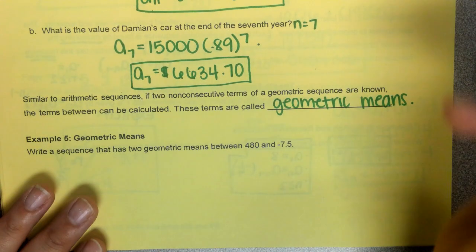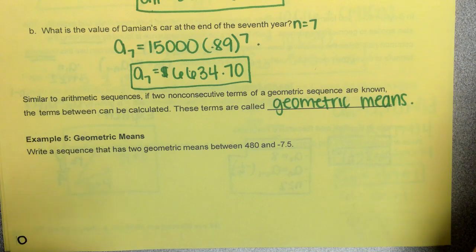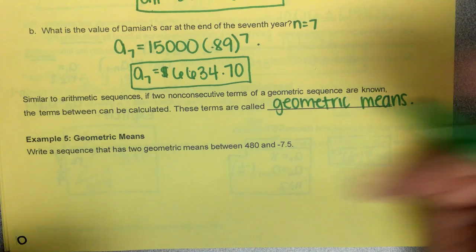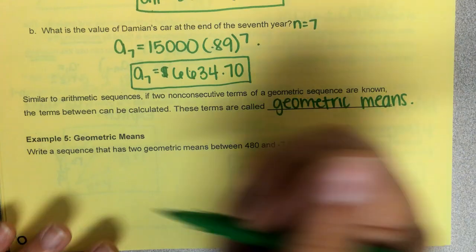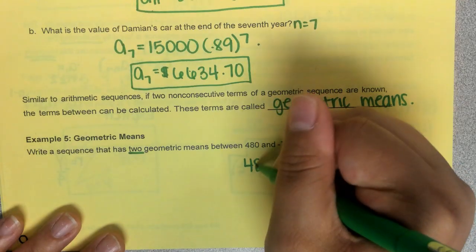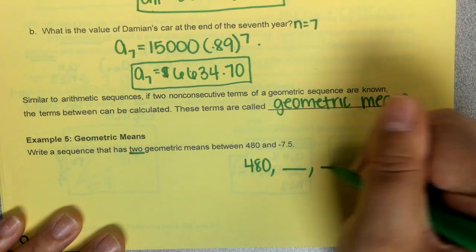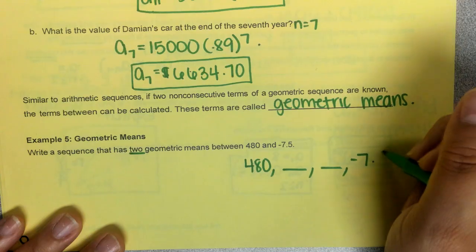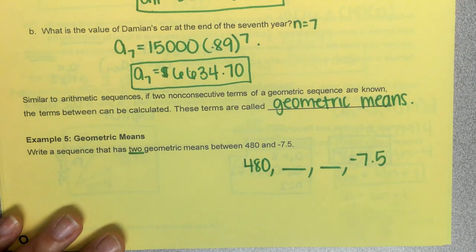Whenever you hear me say geometric means, what does that mean? The term. You're going to have some blanks. So right here, write a sequence that has 2 geometric means between 480 and negative 7.5. That means 2 blanks between 480 and negative 7.5.